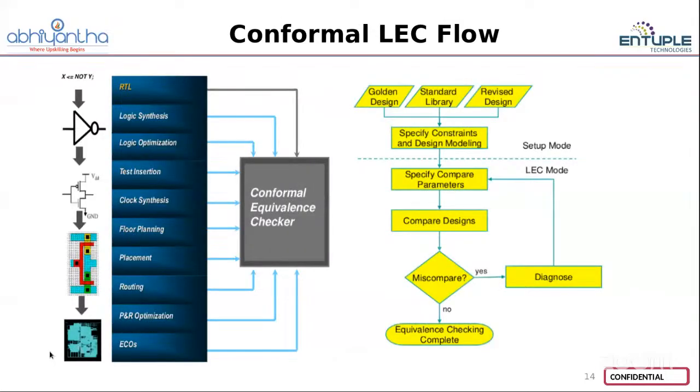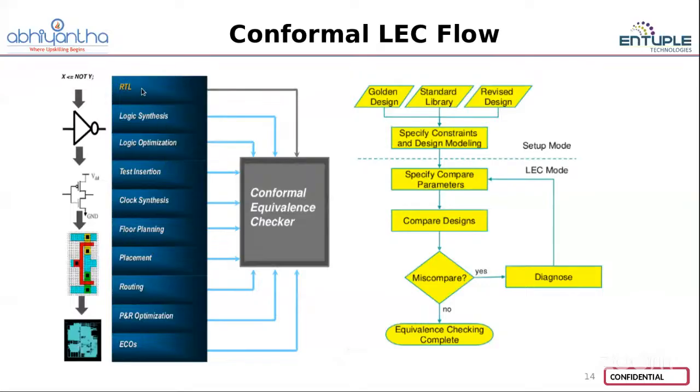Then the next thing is your Conformal LEC. As I mentioned, this Conformal equivalency checker, that is, the logic equivalency checker, can compare the RTL with any stage of your design flow.